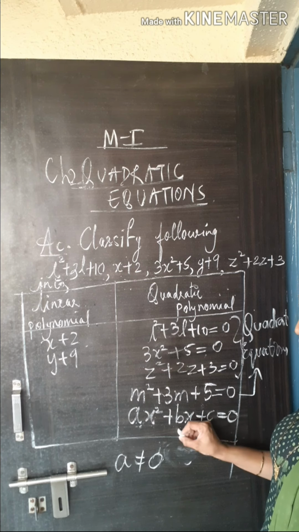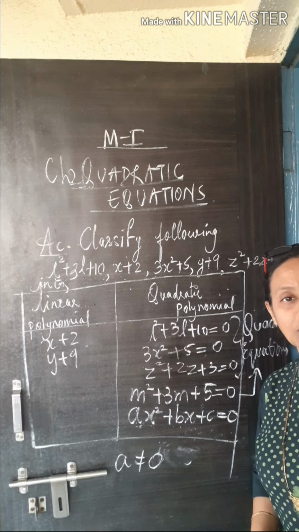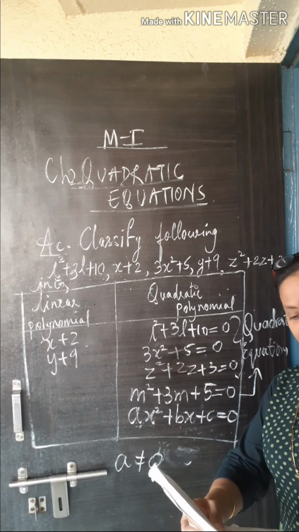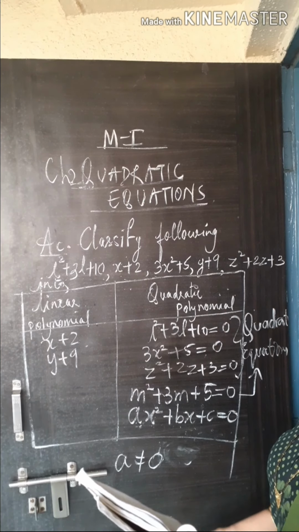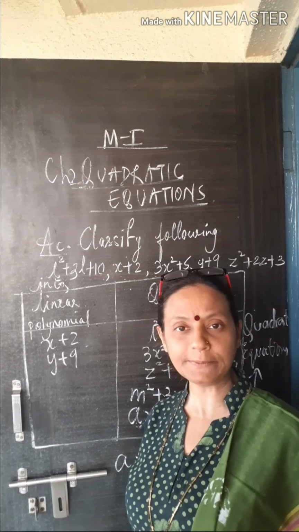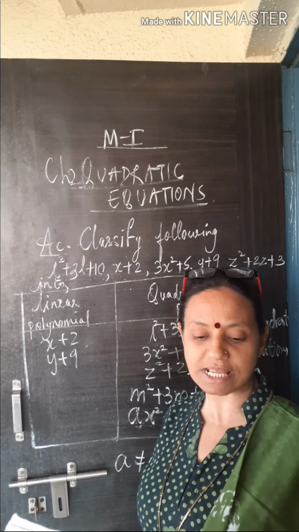And therefore, for quadratic equation, you will have to write down the definition. If you do not have the textbook, I will have to dictate you the definition. The definition of quadratic equation is as follows.